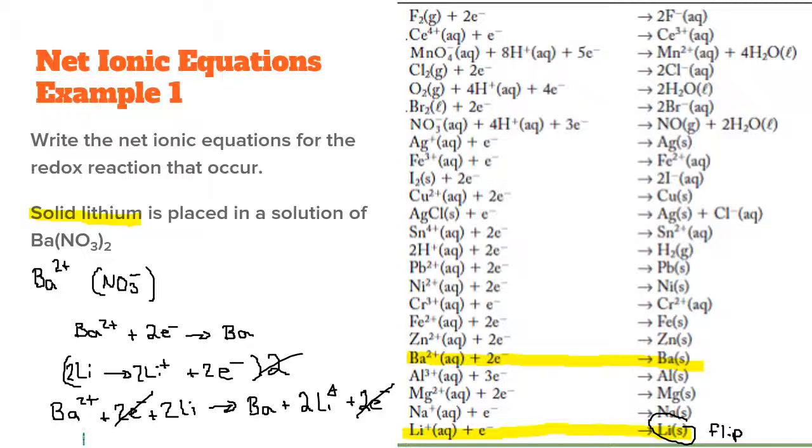And our final reaction is going to be barium 2+ plus 2 lithium metal atoms yields 1 neutral barium atom plus 2 lithium positively charged ions. So the lithium is donating its electrons to the barium. Barium becomes neutral and lithium becomes positively charged.